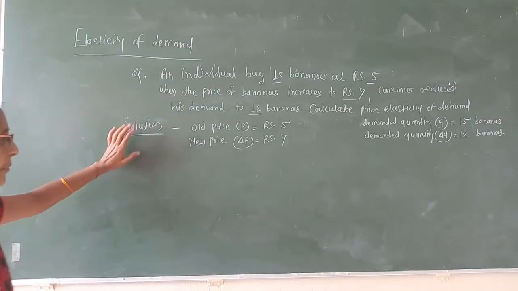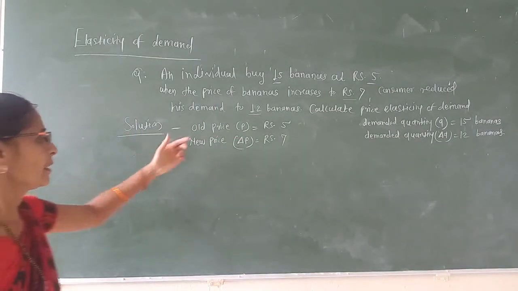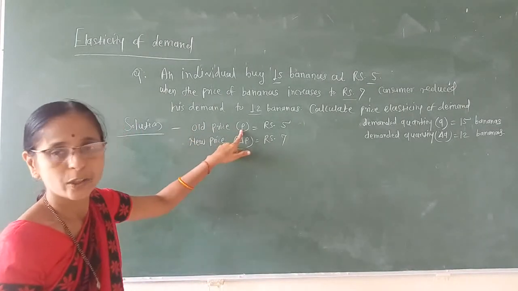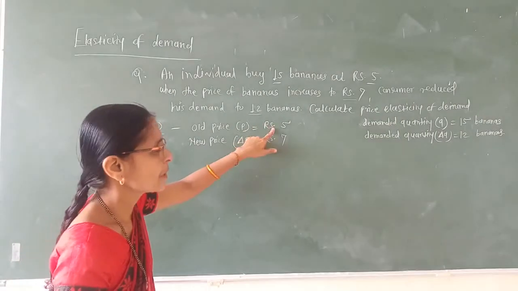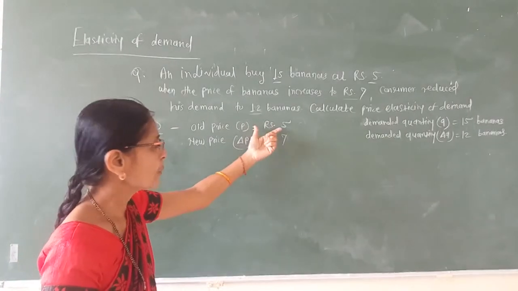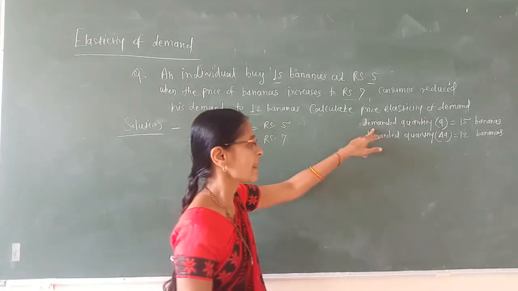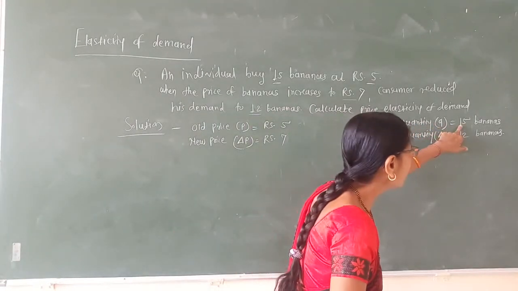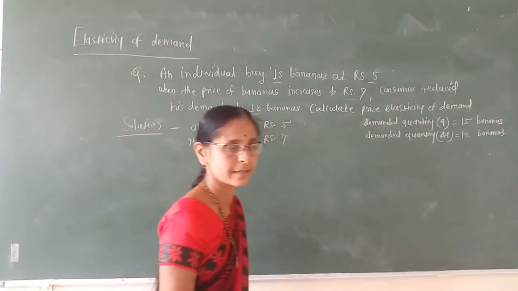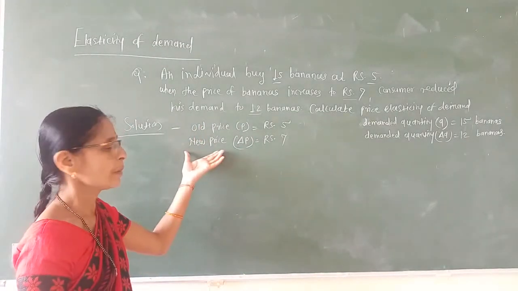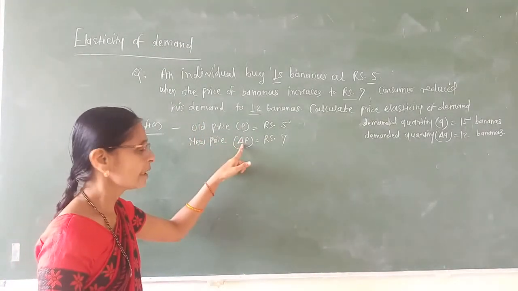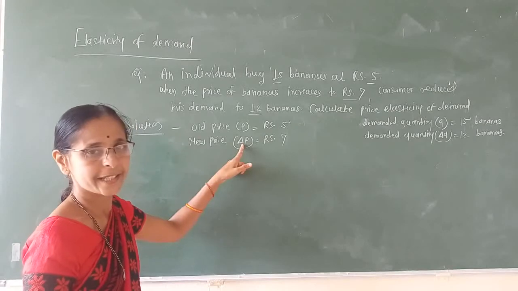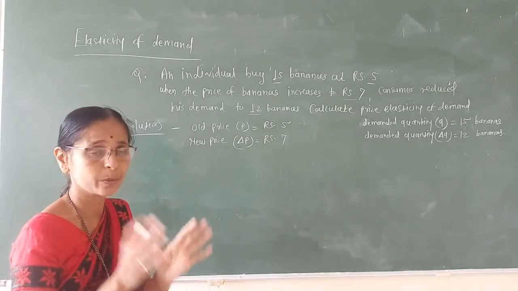See students, here the initial price, the old price P, is rupees 5 and at rupees 5 the consumer demanded 15 units of bananas. Here the price of banana increases, so there is a change in the price of the banana.